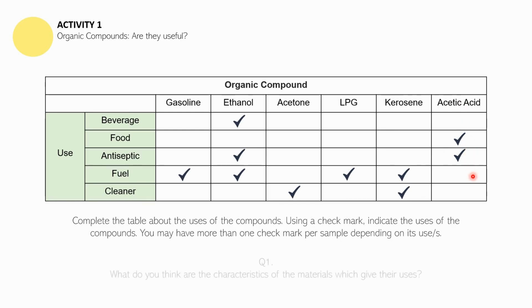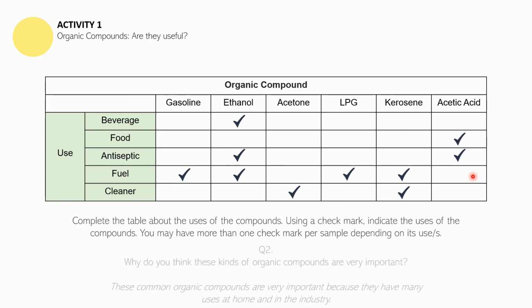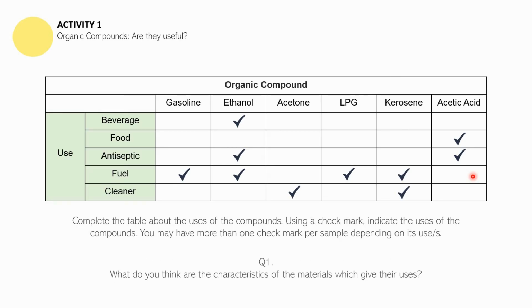The answer to question number 1, okay, is already this. Just refer to this table for the answer to this question. So what do you think are the characteristics of the materials which give their uses?